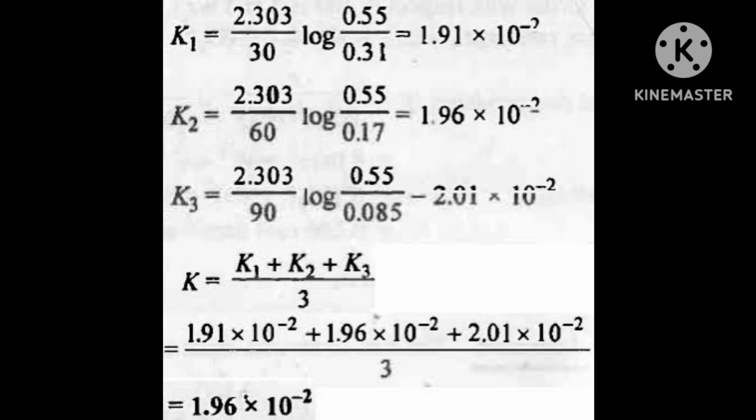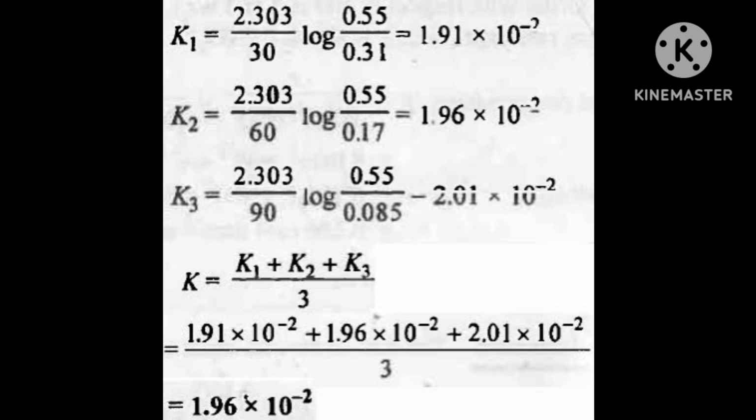In the same way at 60 minutes, the C0 value will be the same, 0.8500, divided by the concentration at 60 minutes, which is 0.7538. Write that value and solve it.